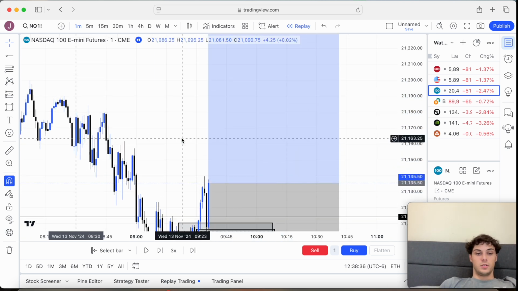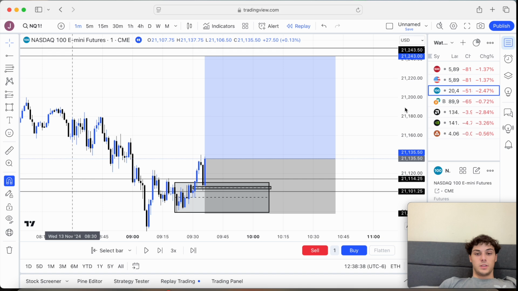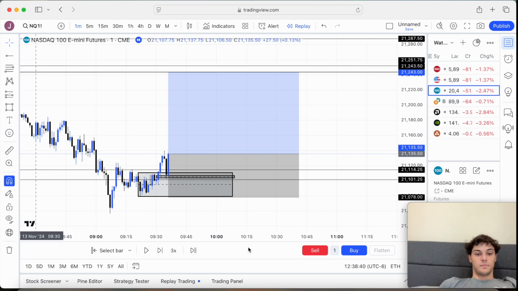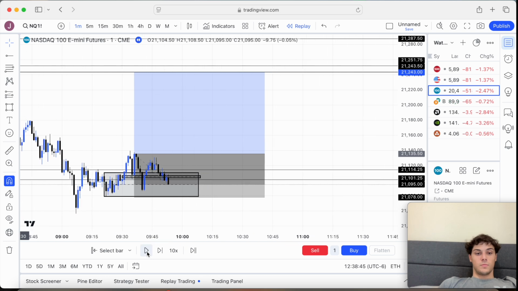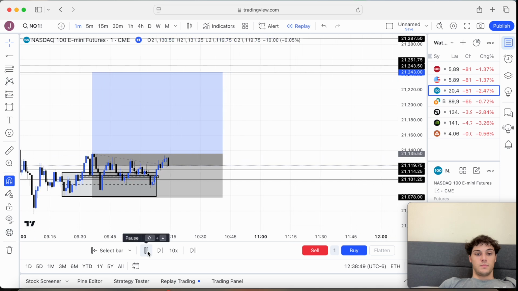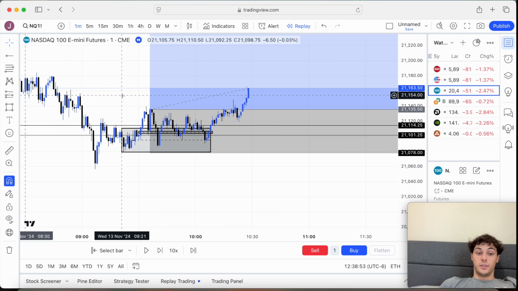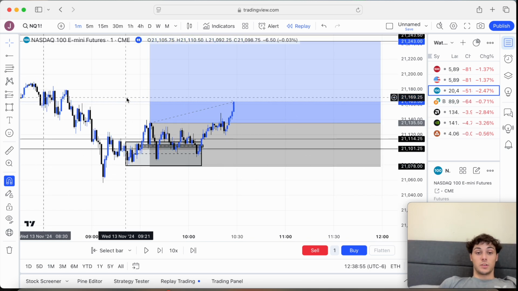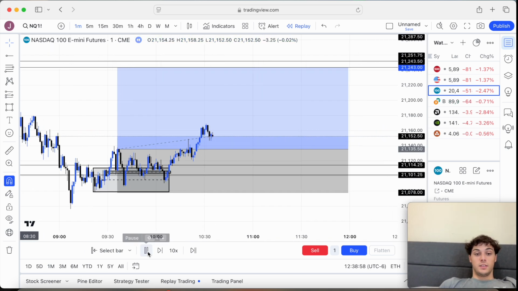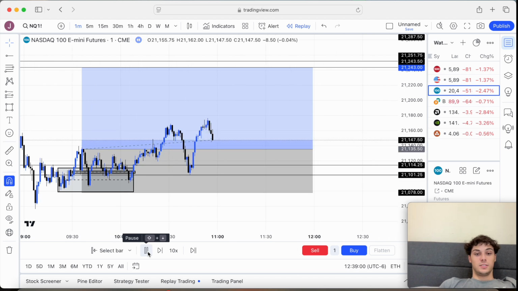Huge TP1. But let's see what happens. Almost got stopped out right here. But we didn't get stopped out because our trade was the right trade to take, at least as of right now.